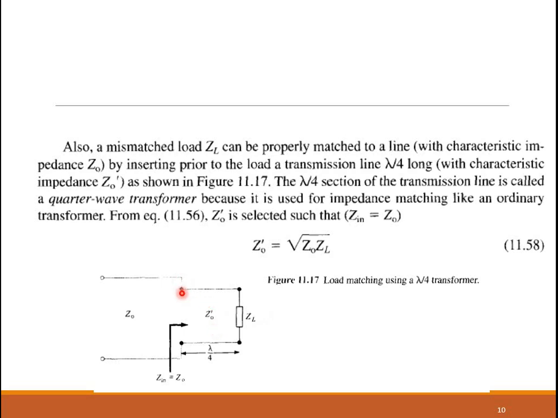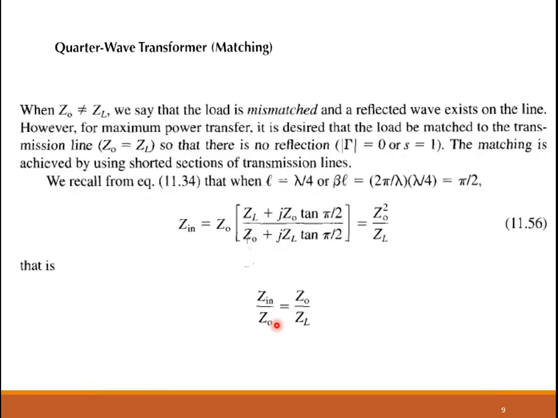This new section, which has a length lambda by 4, connects the transmission line with the load and it is an additional section. The characteristic impedance of this new section is Z0 dash, and it is added to ensure that Z0 is equal to ZL.